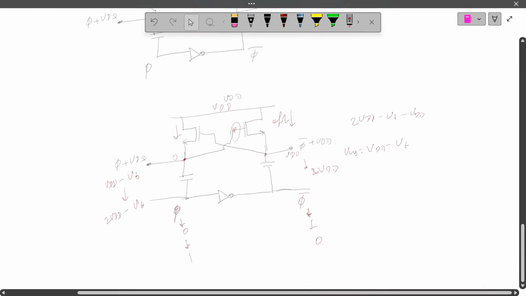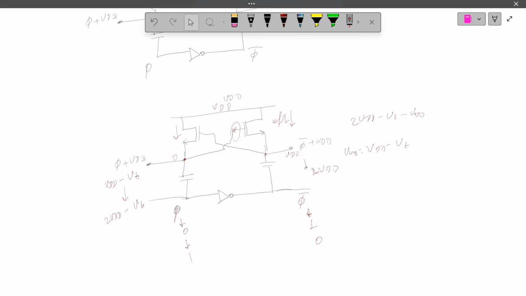If you want more concepts on the sample and hold circuit and integrator and amplifier, two stage, bandgap reference, RC circuits, which will work for your interview, for getting a job in analog design, please connect with my channel. I will further add more analog circuits.